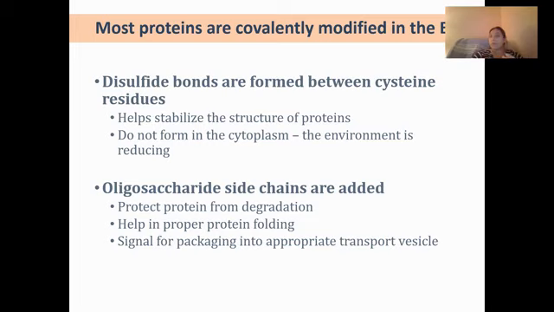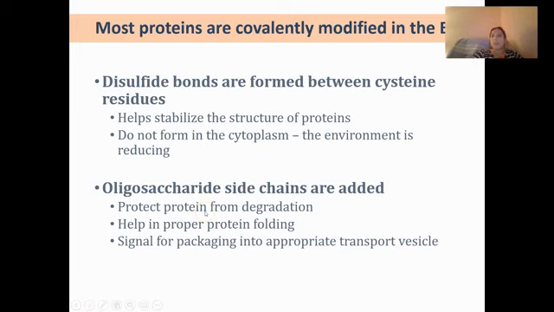These disulfide bonds cannot form in the cytosol. The environment is reducing in the cytosol, so it won't allow these disulfide bonds to be formed. However, in the ER, the environment is different, so that now these structures can form and stabilize the protein's tertiary structure.